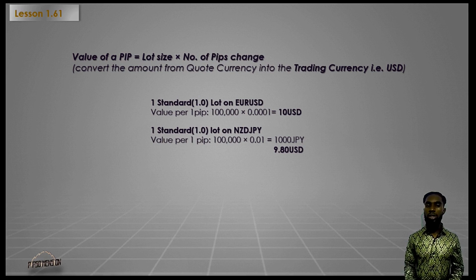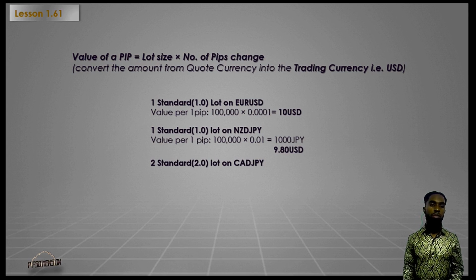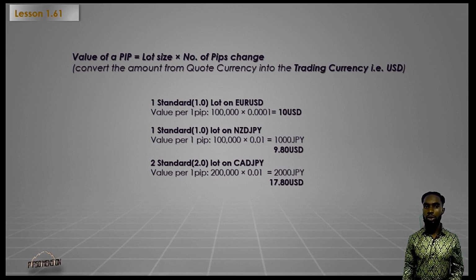If you trade 2 standard lots on the Canadian dollar Japanese yen pair, then the value of one pip will be 200,000, remember, this is 2 standard lots, multiplied by the number of pips, 0.01 yen, and that will be 2,000 Japanese yen. And again, this 2,000 Japanese yen is converted into your trading currency.